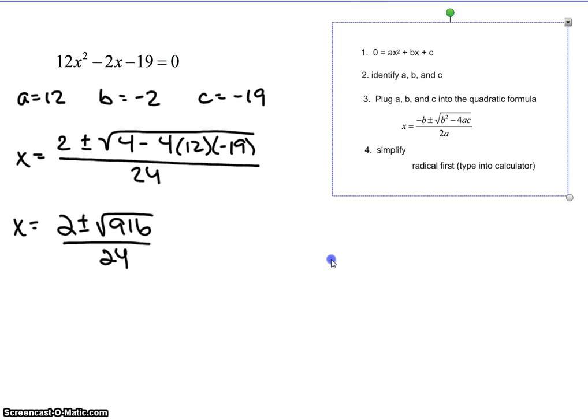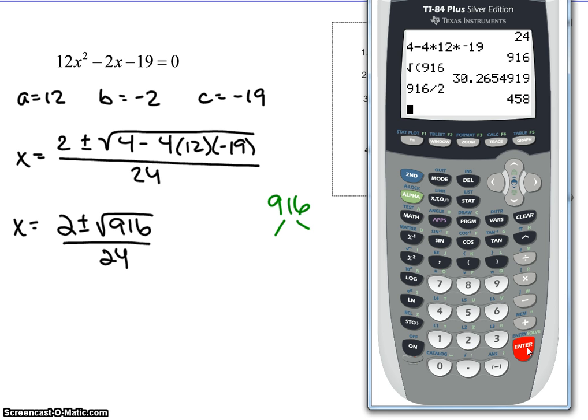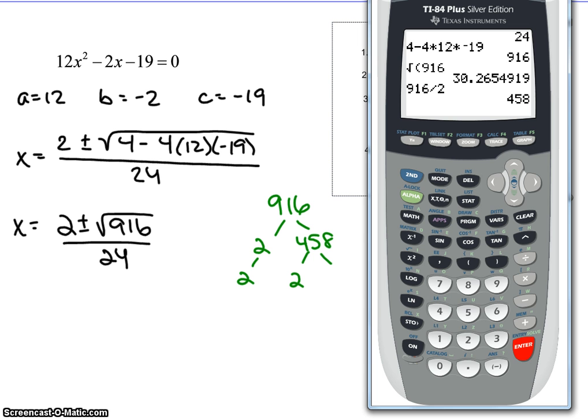So what I need to do is go over here and break down the 916, looking for things that I can pull out. And like I've said, you can always take a 2 out of an even number. So we get 458. Meaning, again, still even, so I can take out another 2. 229.